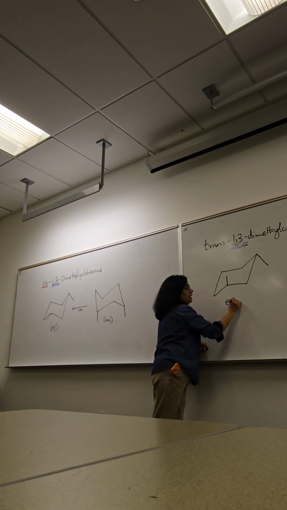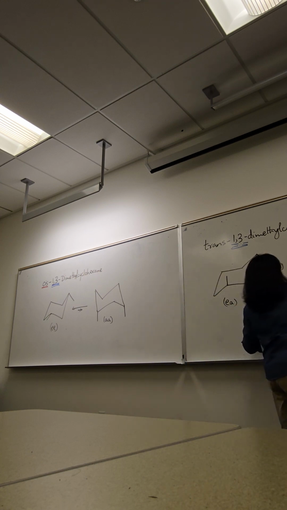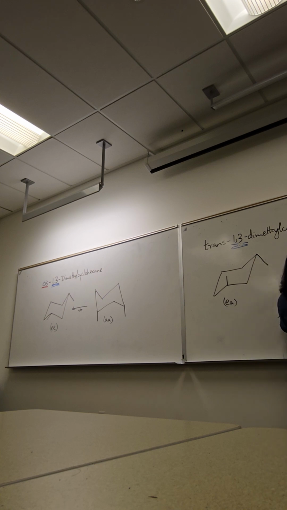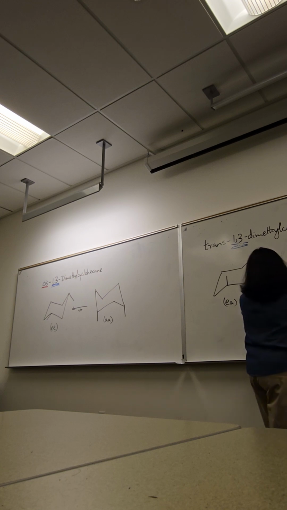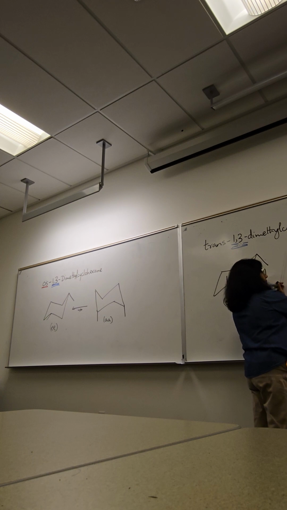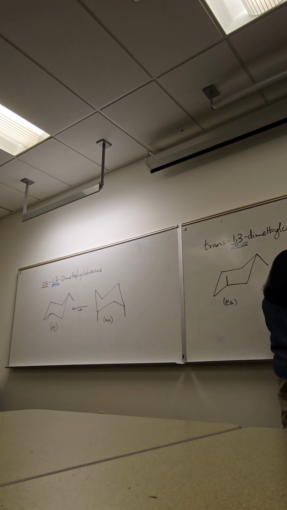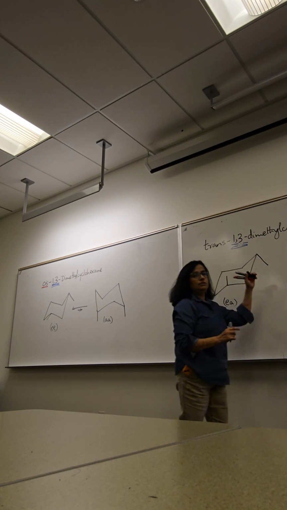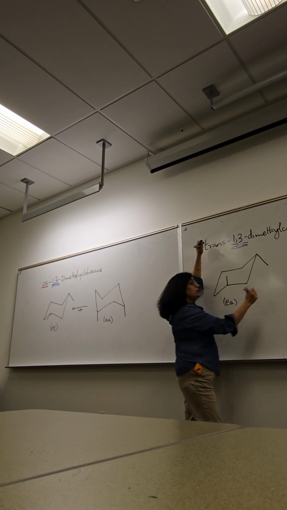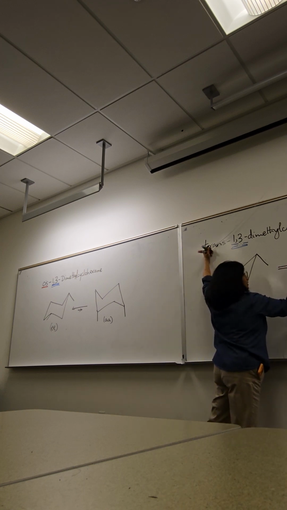So that's EA. Give it a ring flip. Equatorial becomes axial, and axial becomes equatorial, that's EA. I hope you will agree with me that they're both equally stable. Agreed?